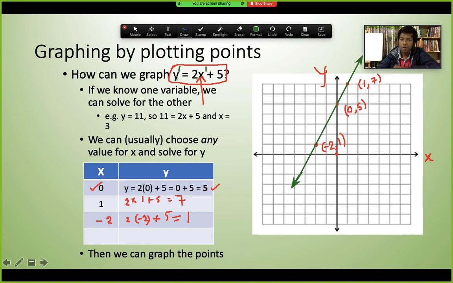So if the power of x and y is 1 and 1, that means your answer will be a line. It is called a linear equation, line.